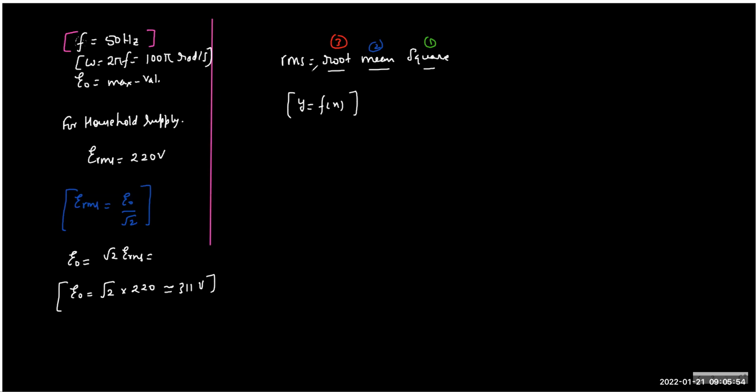First you square the function, so let's say make it y square. Then take the mean of the function. Now to find the mean of the function, we need to know what the independent variable is. So here we have x.